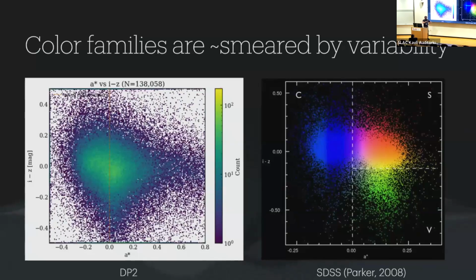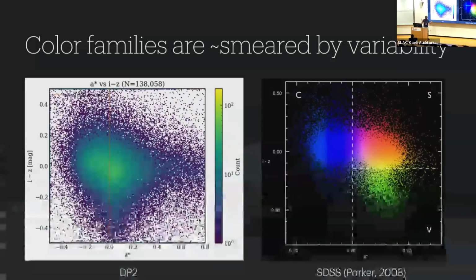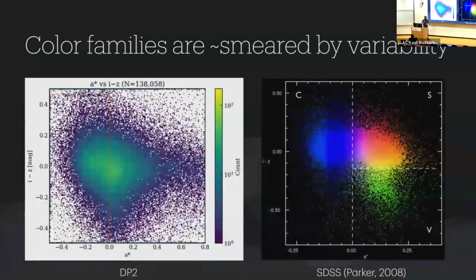The cadence is so non-homogeneous across the area that it's a little tricky to do colors well. Okay, that's interesting. Maybe we can talk about it. I think people should try to do colors, but think about variability when you do the colors. And assumptions like it'll all wash out don't appear to be true. I don't see color families here.